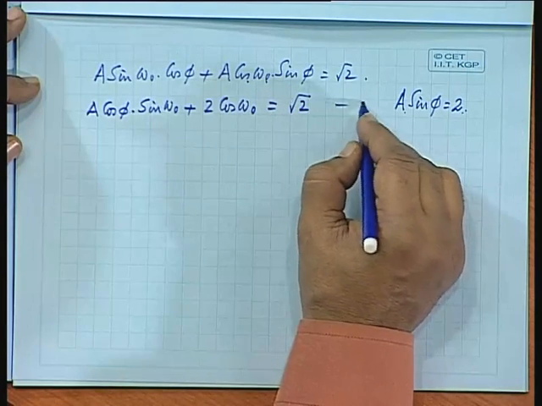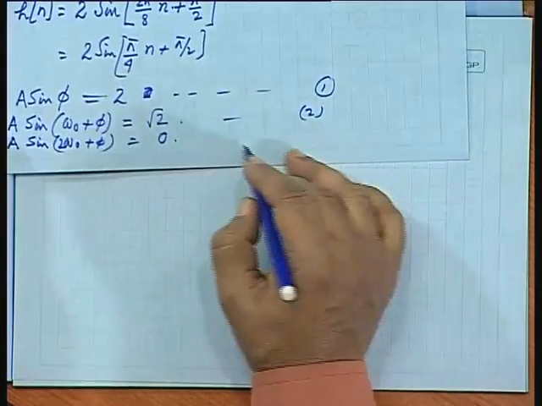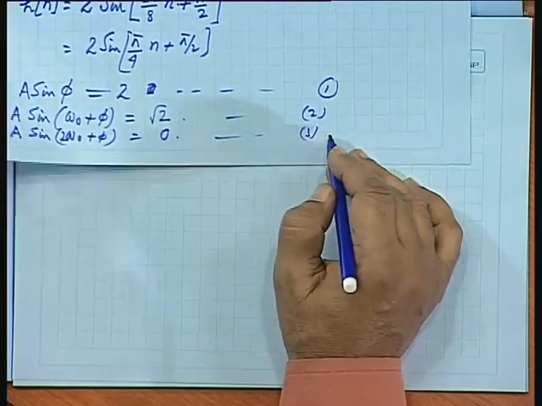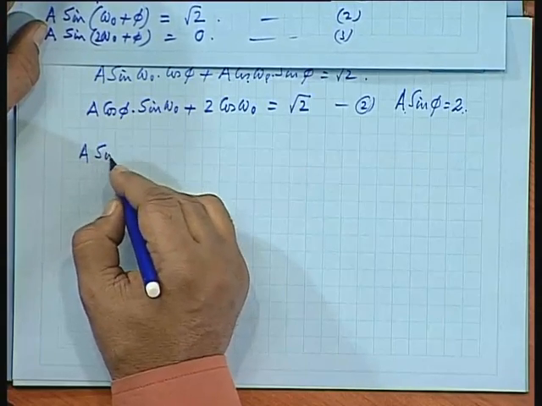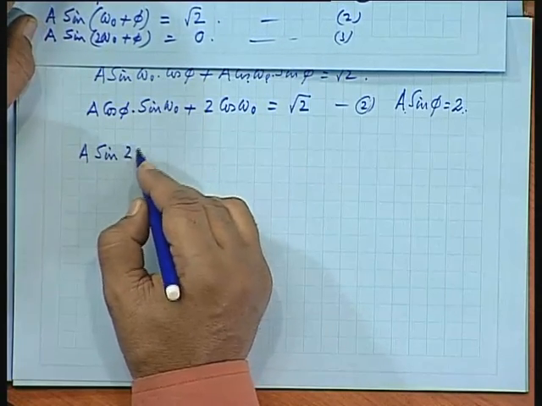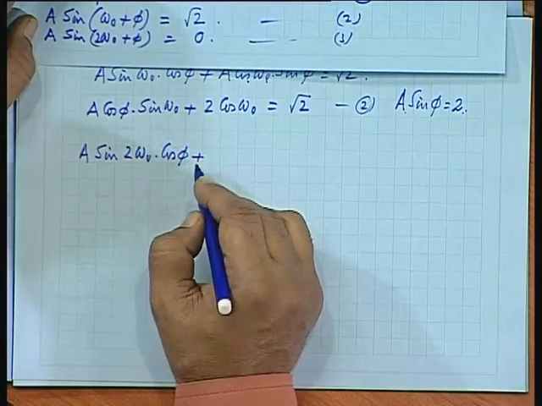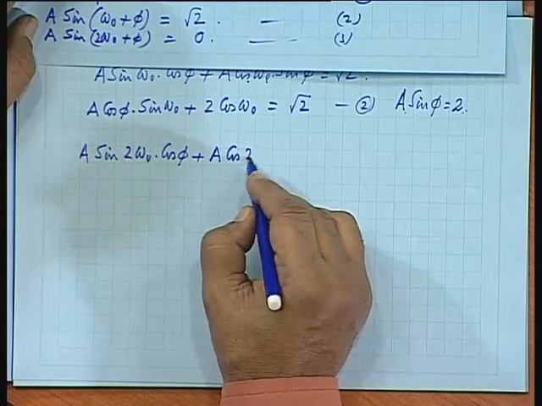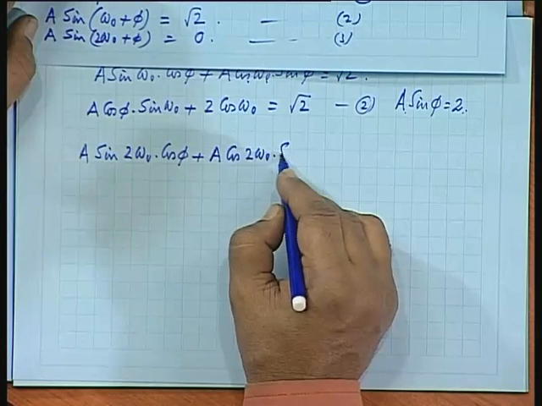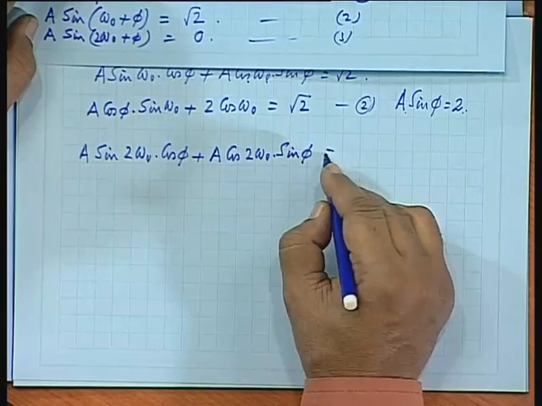So, this is modified equation 2. What about the third equation? A sin 2 omega naught cos phi plus A cos 2 omega naught sin phi is equal to 0.